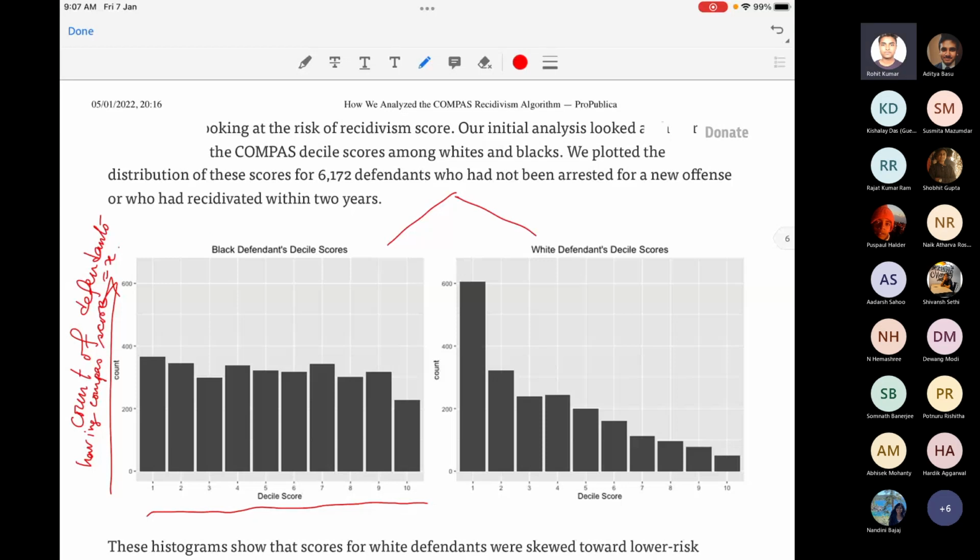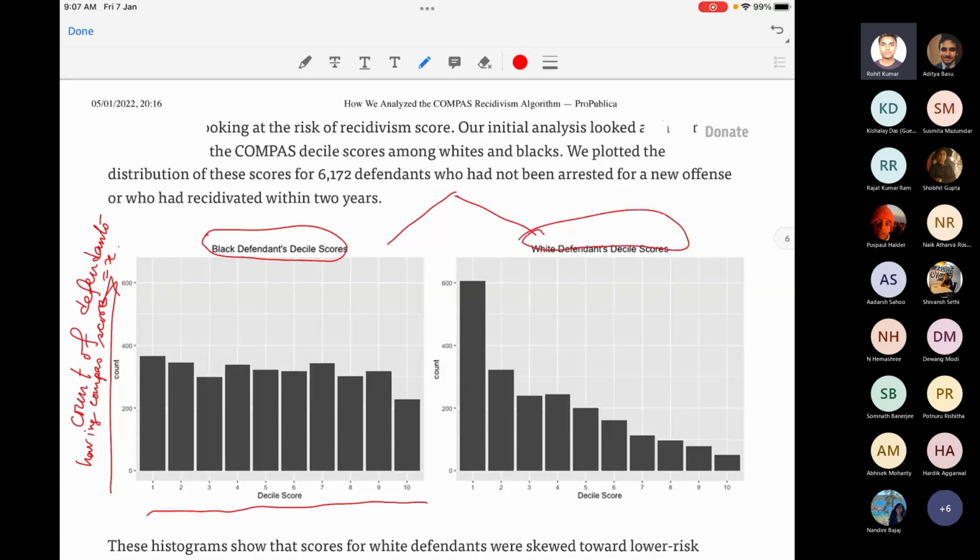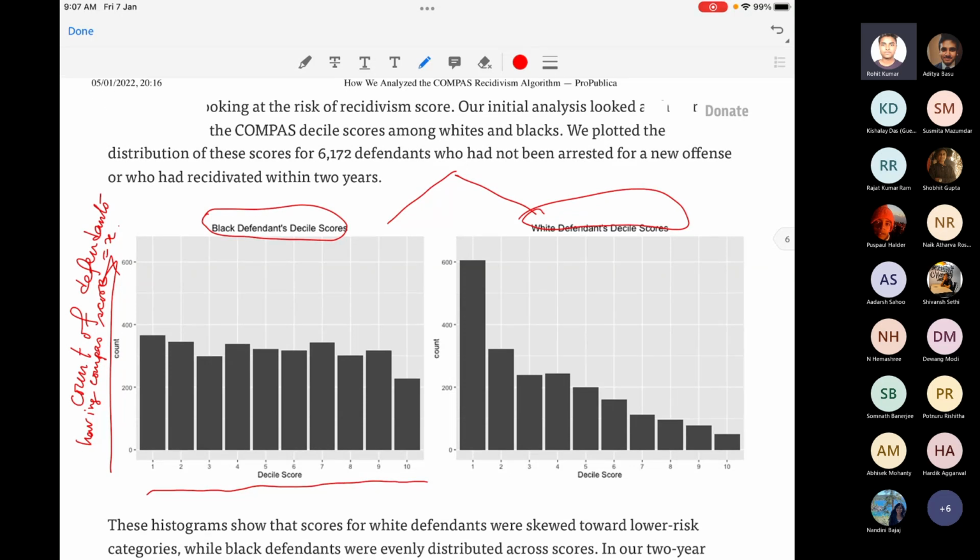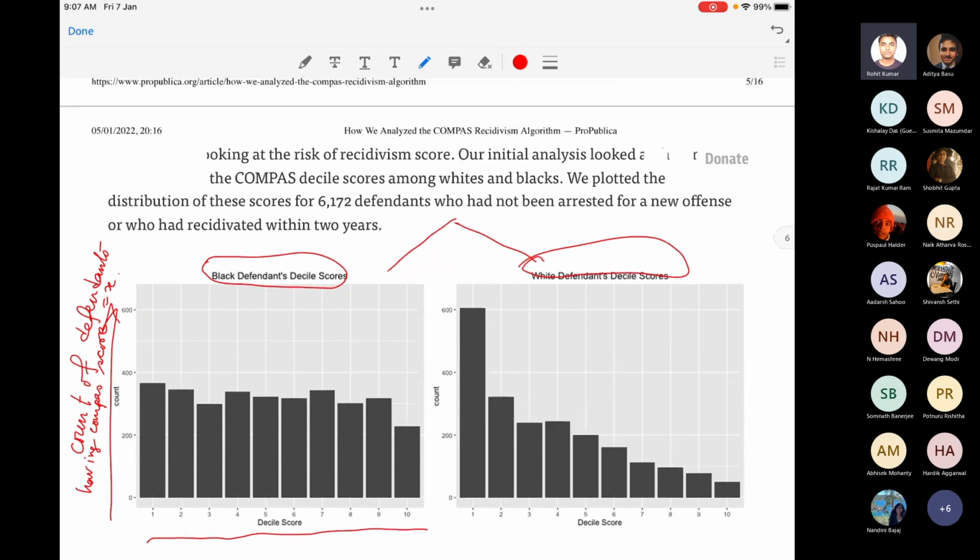So these are the black defendants and these are the white defendants. So what is the first observation that you can make? Any significant difference that you note between the two distributions?